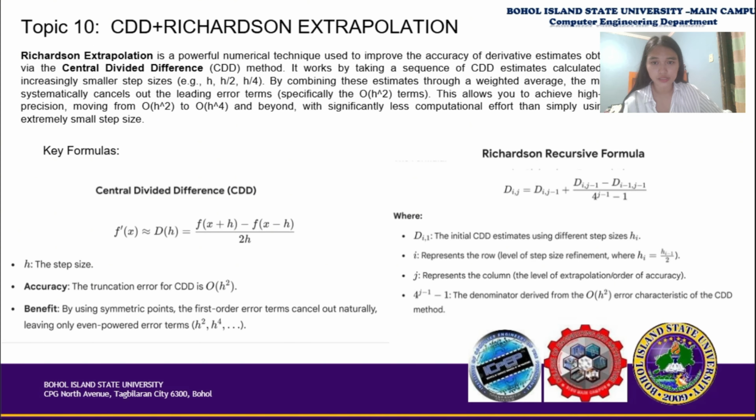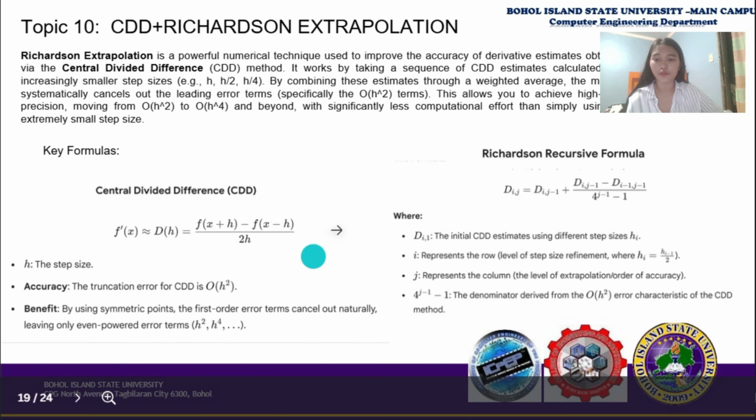By combining these estimates through a weighted average, the method systematically cancels out the leading error terms, specifically the O(h^2) terms. This allows you to achieve higher order precision, moving from O(h^2) to O(h^4) and beyond, with significantly less computational effort than simply using an extremely small step size.